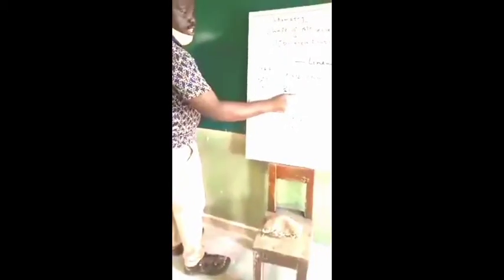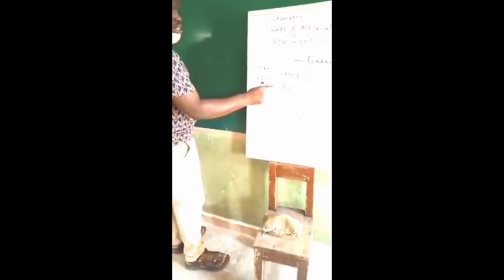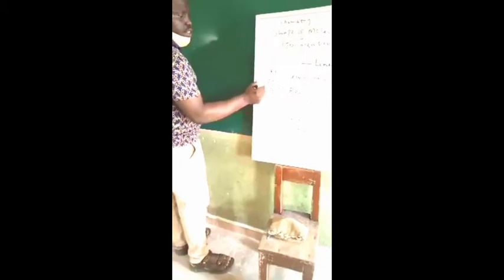Now, the first thing to do is to draw the Lewis structure. Are you with me? Yes, sir. And then count here. You have 2, 3, 4, 5, 6, 7, 8. So for beryllium chloride, the total available electron is 16. Are the 16 used?